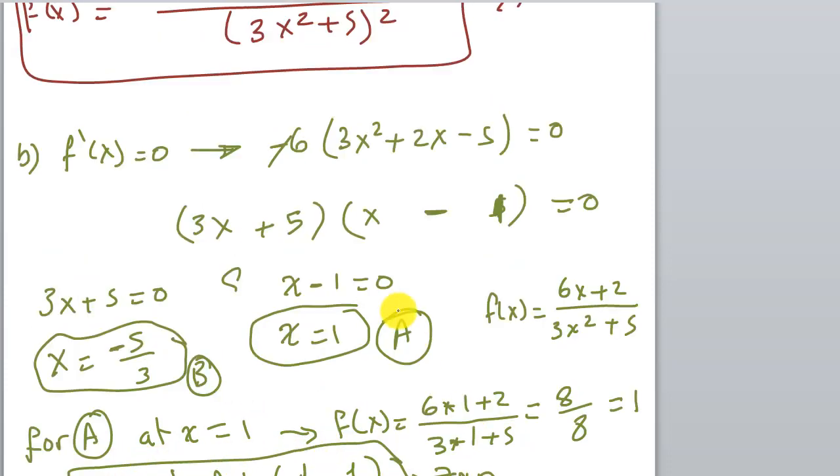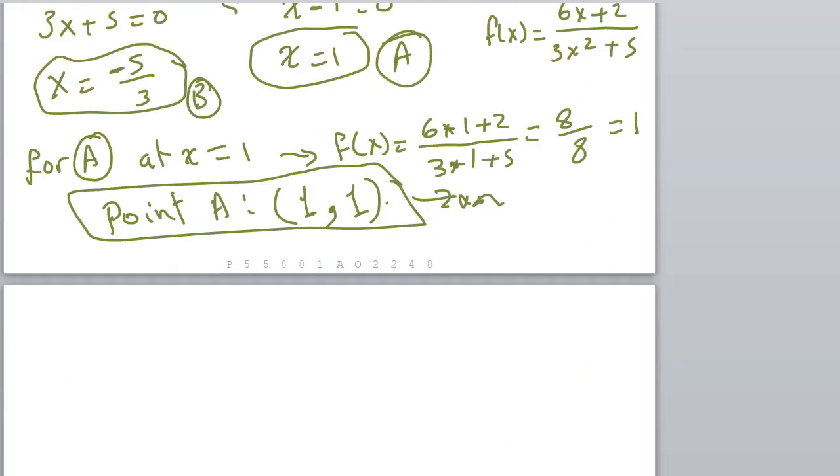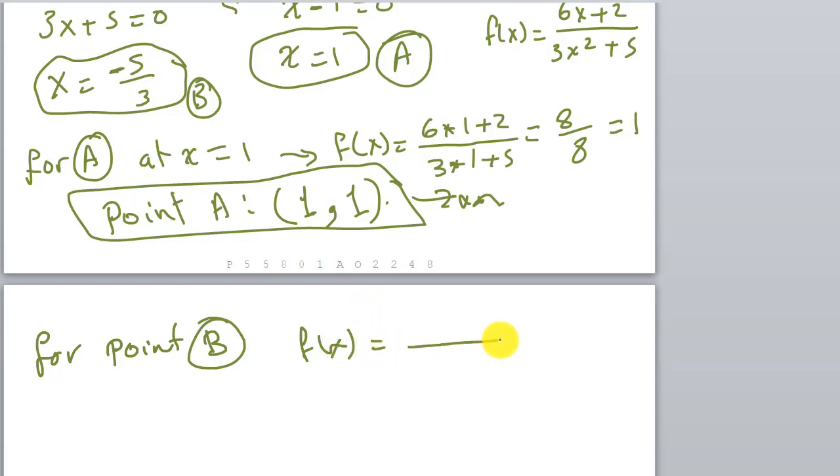Okay. Second one, for point B. Now f of x equal to 6 multiplied by minus 5 over 3 plus 2, divided by 3 multiplied by 25 divided by 9 plus 5. Let us find this value.